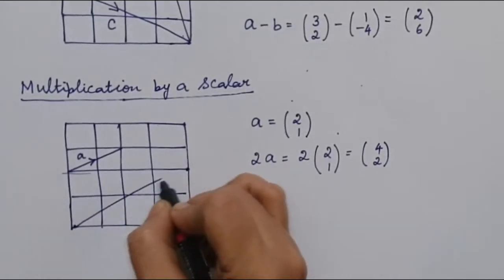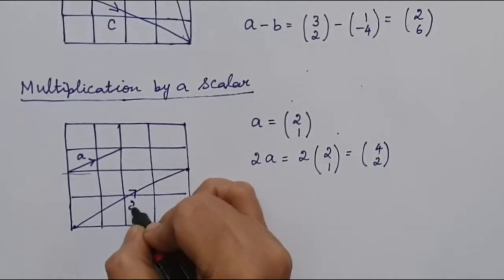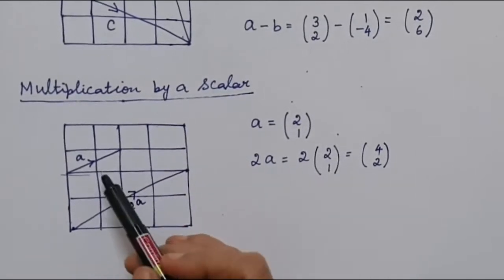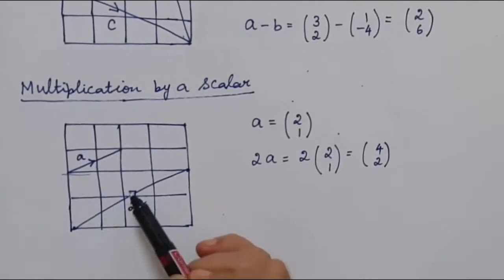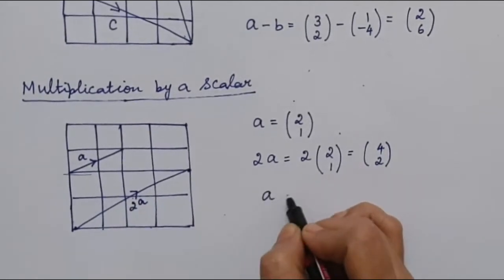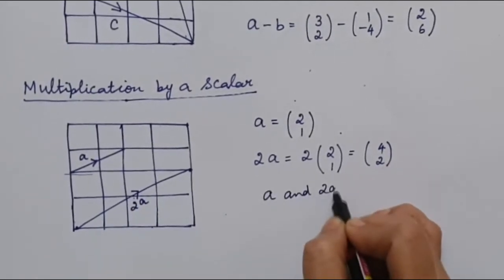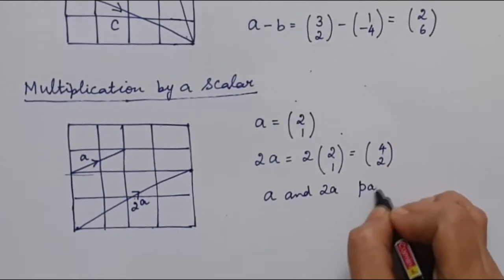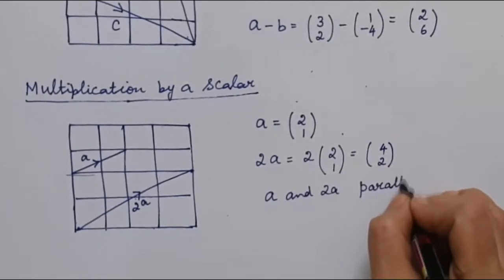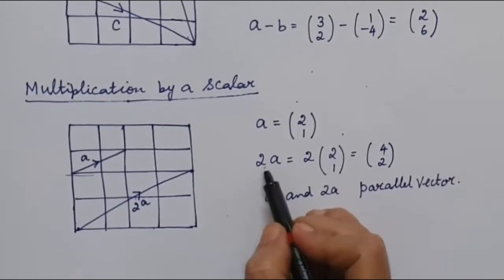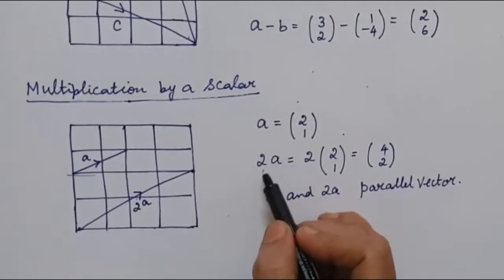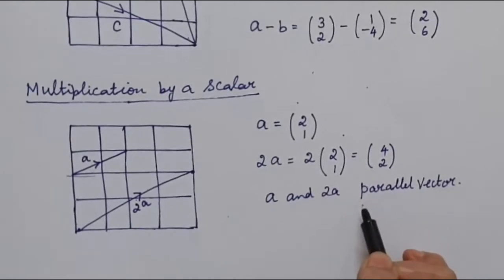So here, this will be 2A. So we see that vector A and vector 2A are parallel to each other. So when a scalar is multiplied by a vector, the two vectors will be parallel to each other.